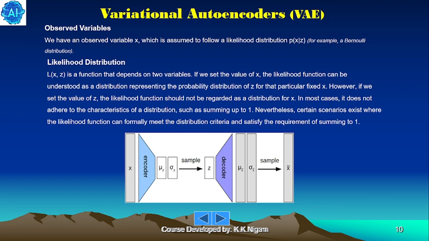However, if we set the value of z, the likelihood function should not be regarded as a distribution for x. In most cases, it does not adhere to the characteristics of a distribution, such as summing up to 1. Nevertheless, certain scenarios exist where the likelihood function can formally meet the distribution criteria and satisfy the requirement of summing to 1.